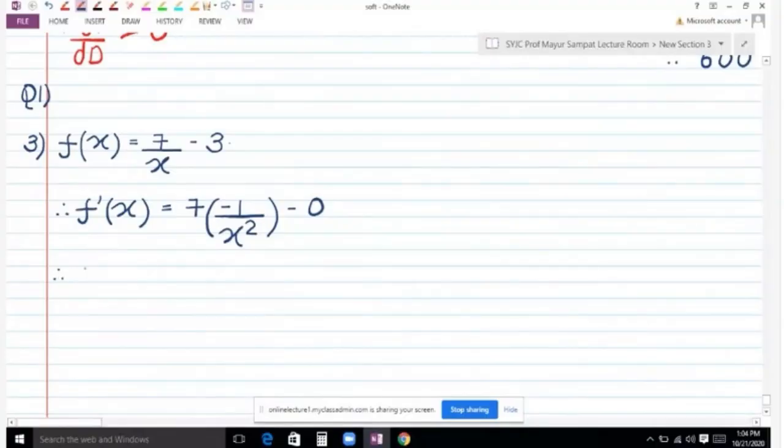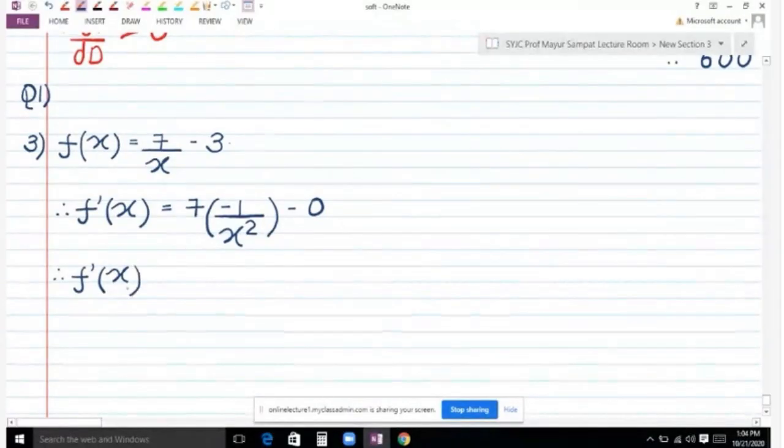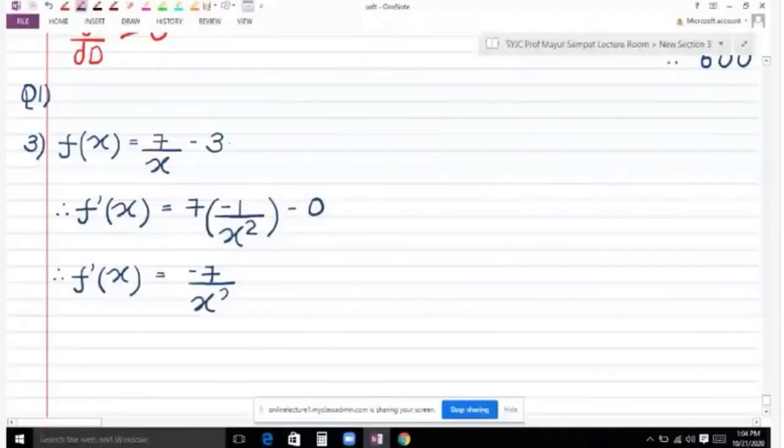Therefore, f dash x is equal to minus 7 upon x square.